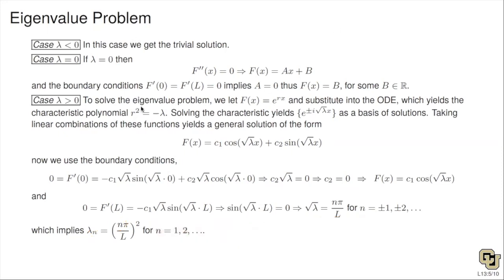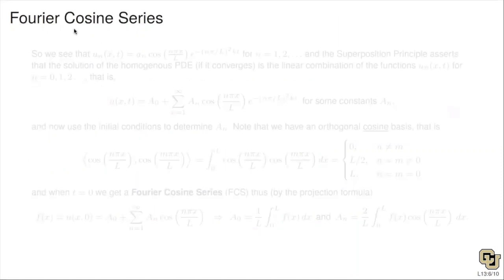And so now we can create what's called the product solution. I can take the solution to the time domain problem and multiply it to the solution to the space domain problem. And here we've replaced lambda.